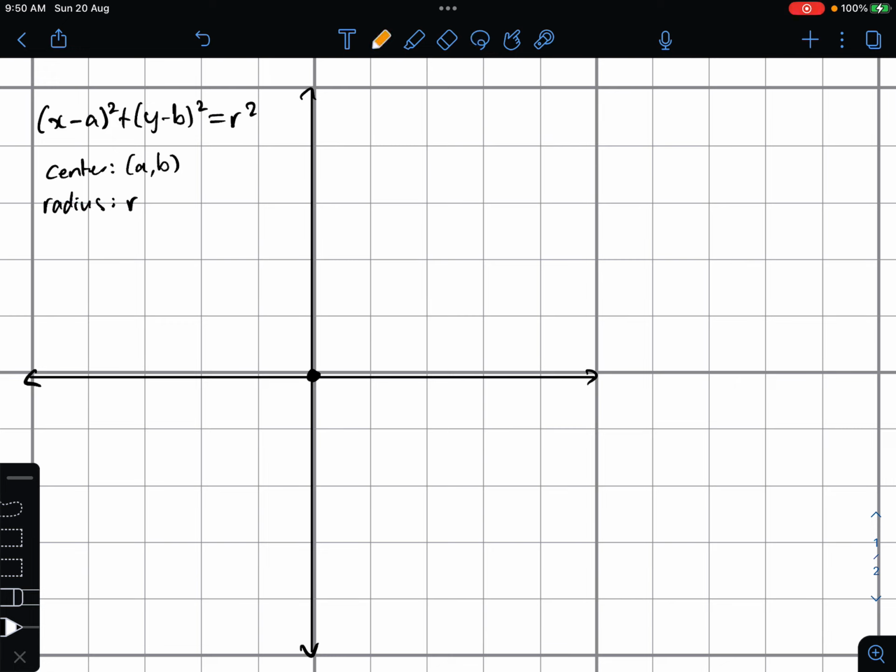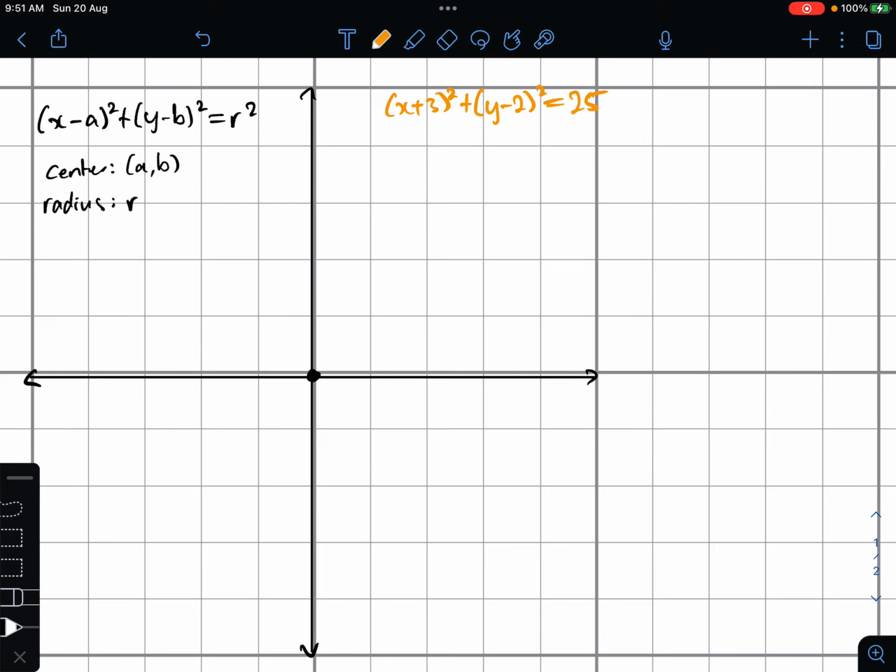So pause the video, do it on your own, and then unpause it to see how I've done it. So we are graphing (x plus 3) squared plus (y minus 2) squared equals 25. Okay, pause the video here and try and do it on your own.